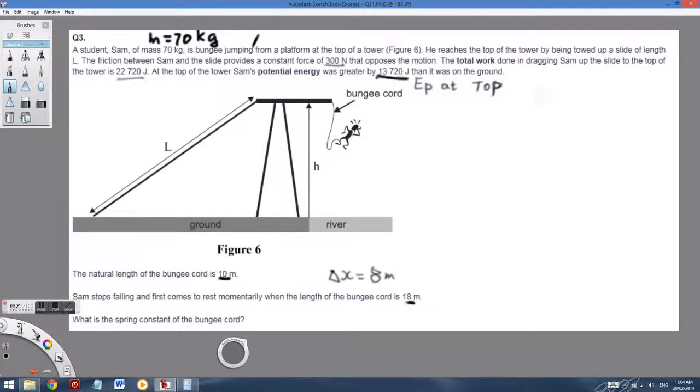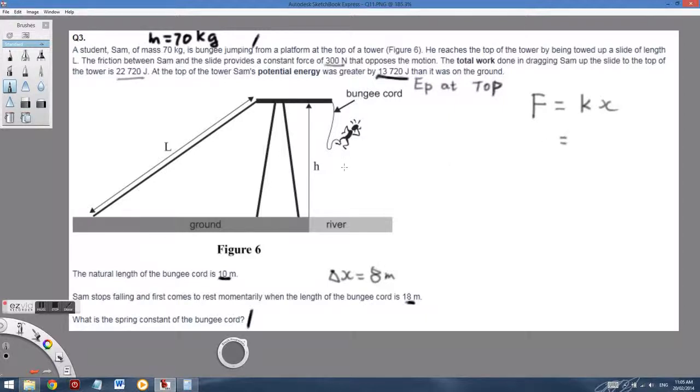Use F equals kx. In this question, we're only interested in the spring constant, so we can ignore some of the information.